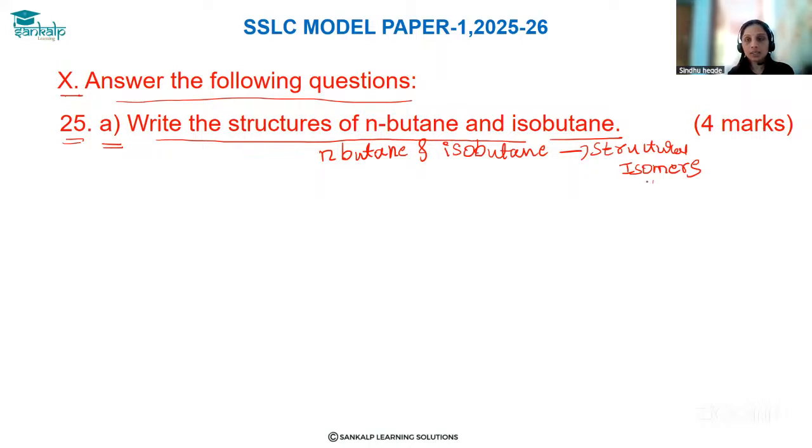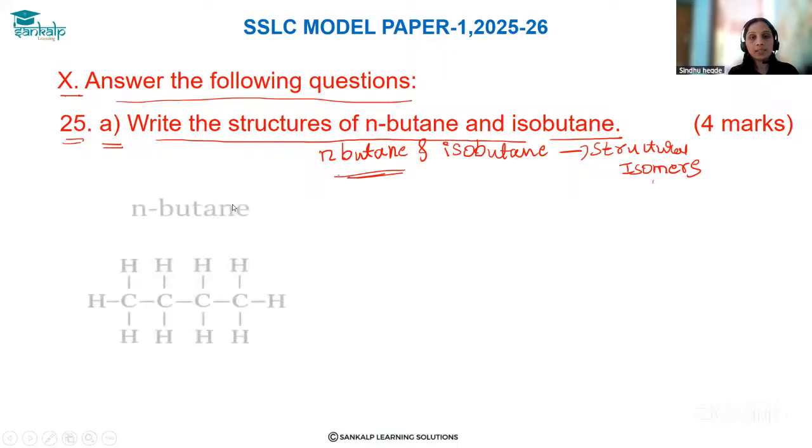Isomers are compounds having the same molecular formula but different structures. Here also n-butane and isobutane have the same molecular formula but the structural arrangement is different. That is called structural isomers. Here the question is to write the structures. You have to write the structure for n-butane and isobutane. Let us see how to write this.